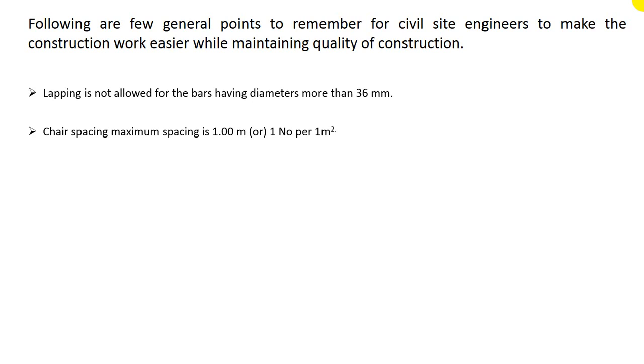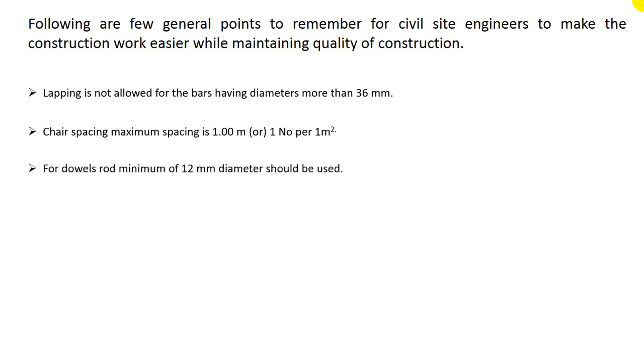Sometimes we use a block to provide clear spacing between two reinforcements, upper bar and down bar in a slab. Our construction work is made very easy if we use chairs, and they are available ready-made, and also we can create them at the construction site.